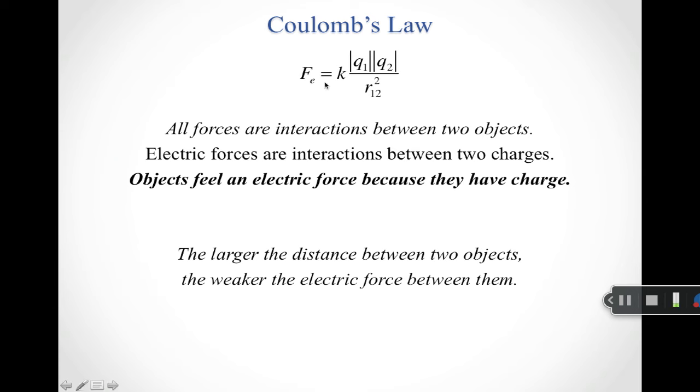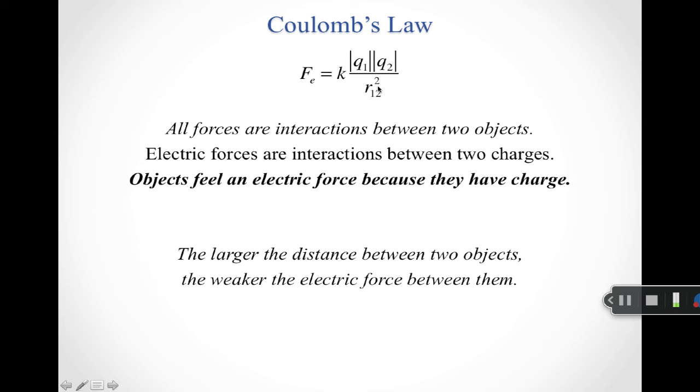Second important thing Coulomb's law tells me is that because this is 1 over r squared, and again, we wrote it as r squared on the previous page, here we're writing it as r12 squared, there's not any important distinction. Both of those are really just ways of saying the distance between particle charge 1 and charge 2. So whether we write this as r squared or r12 squared, don't let that throw you off.